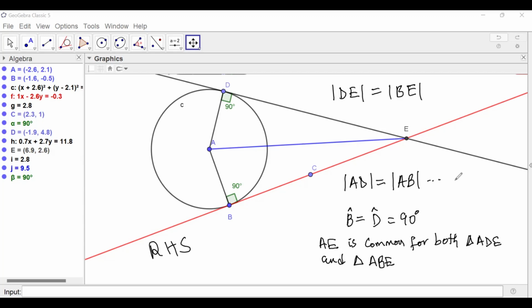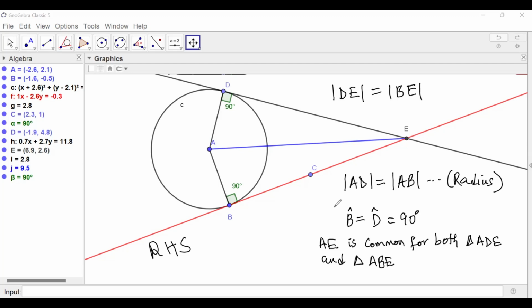We are talking about the radius of the circle, irrespective of where it is drawn, from the center to any part of the circumference is a radius. So from center A to a point B on the circumference is a radius. That does not change the size of that radius if it is drawn from the same center A to point D. It doesn't change the value.